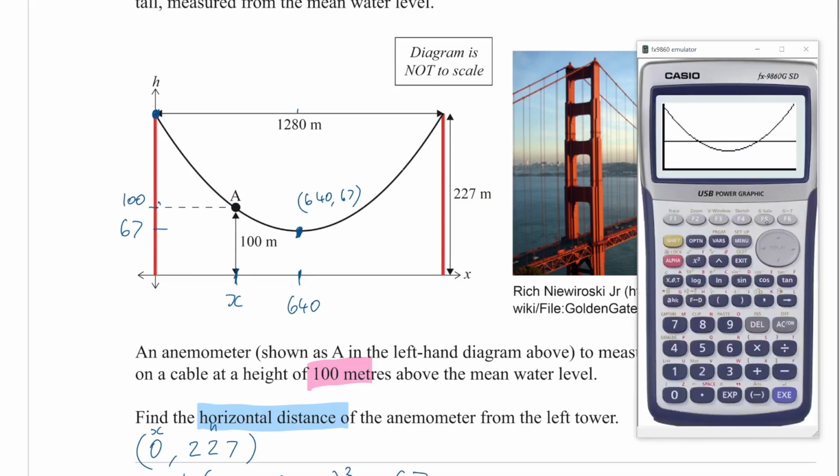And if we hit F5, G-Solve, and ISCT for intersection, we can see that when y is 100, x is 349.3.